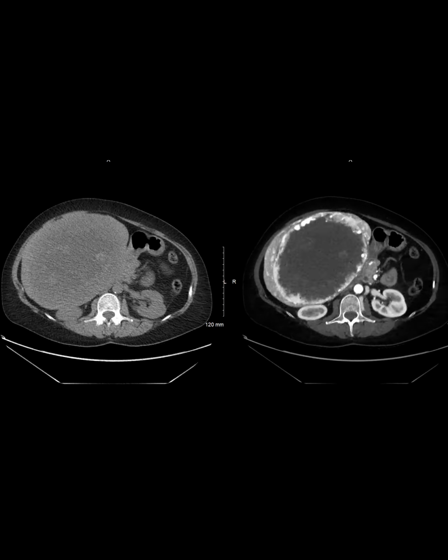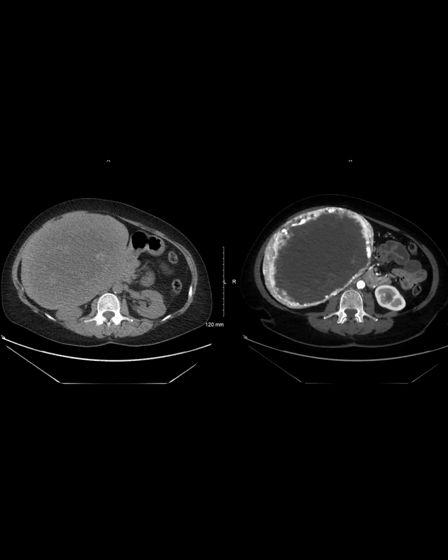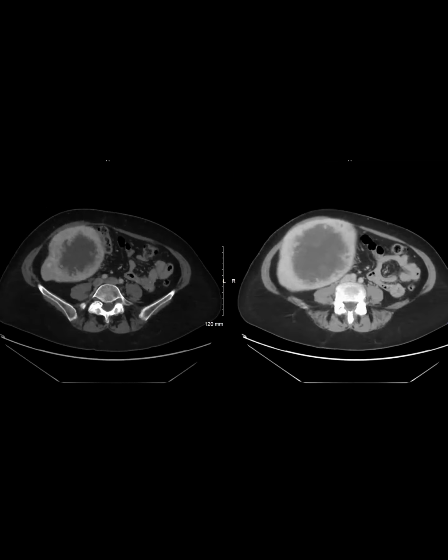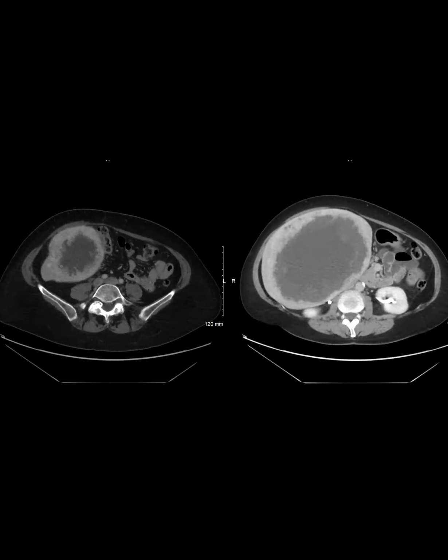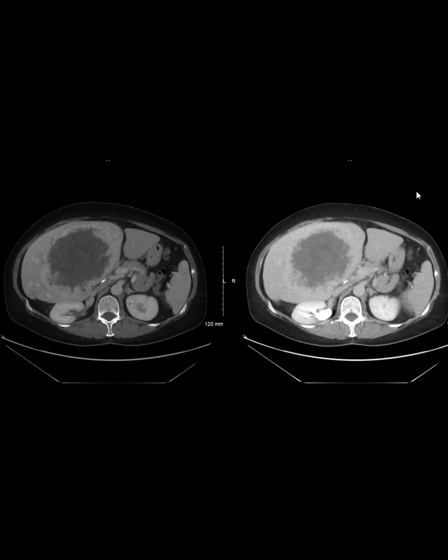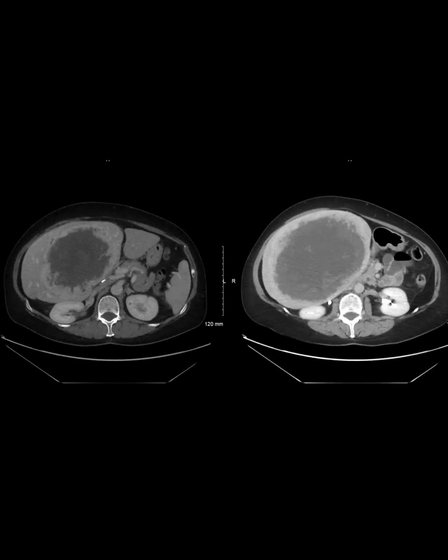This is pre, and this is arterial phase, and then here's our portovenous and late phases. And there's not much you can say about it other than this kind of large partially necrotic mass, and it really needs to come out. It doesn't have any features specific to anything.